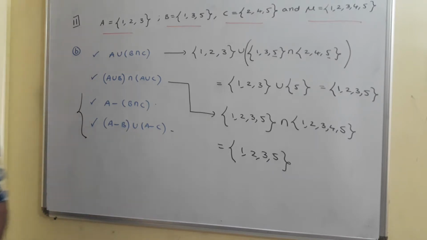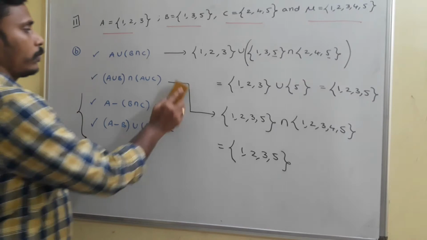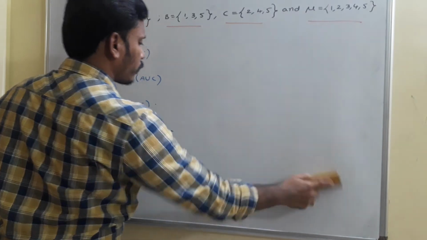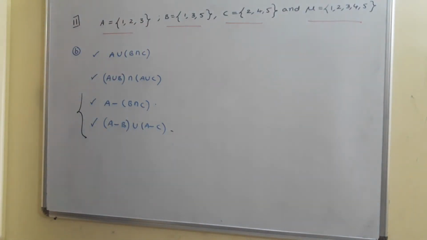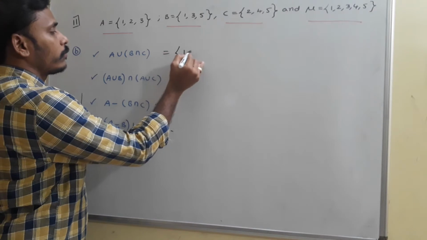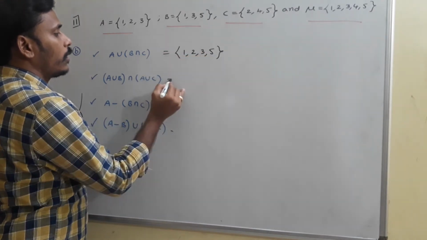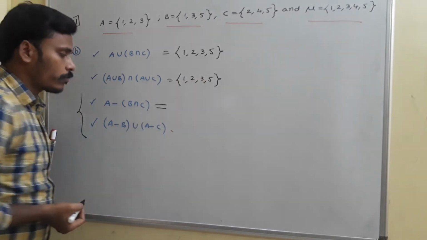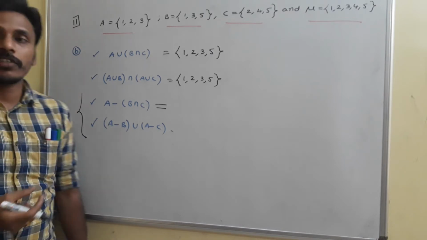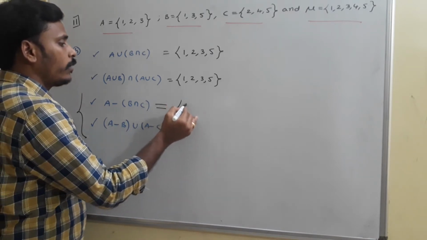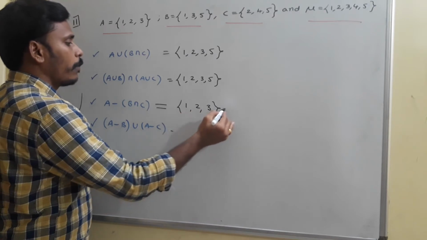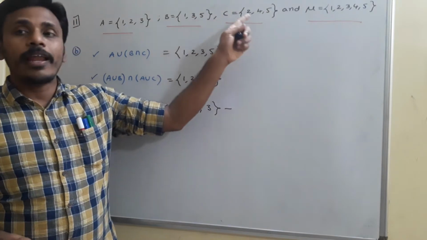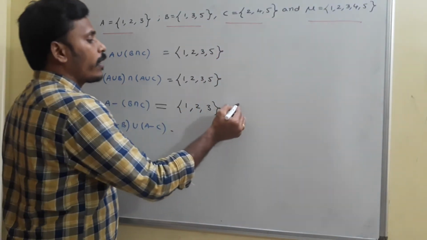Okay, right? So at the end, we found it as {1, 2, 3, 5}. And this is equal to again {1, 2, 3, 5}. And this is equal to A minus of B intersection C. A is {1, 2, 3} minus B intersection C. B intersection C means common elements for B and C, and that common element is 5.